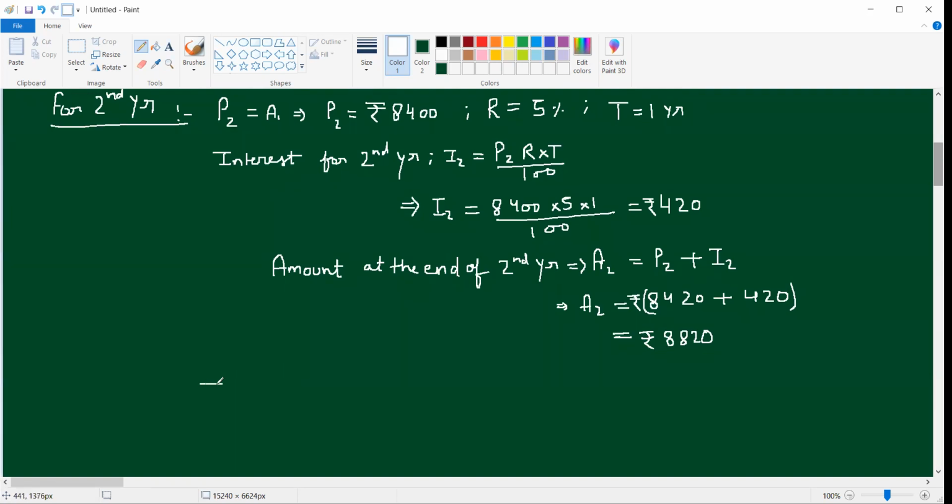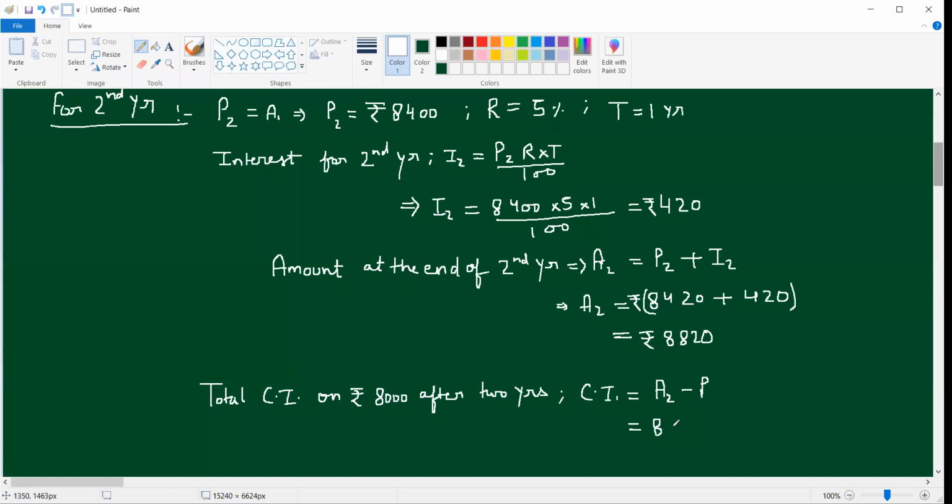So the total compound interest on rupees 8,000 after 2 years will be CI is equal to A2 minus P. The principal we have deposited and the amount we have received, the difference between the two will be the compound interest.